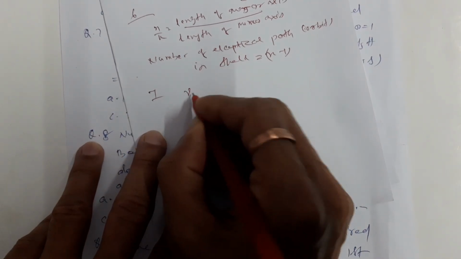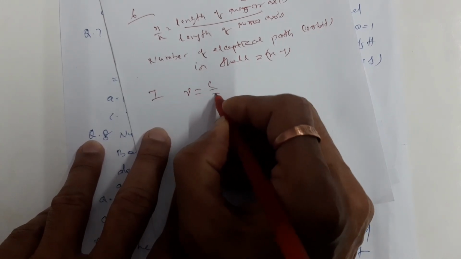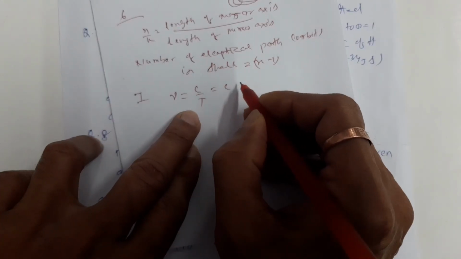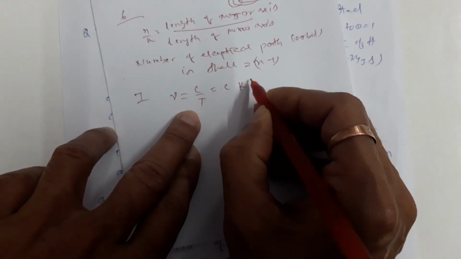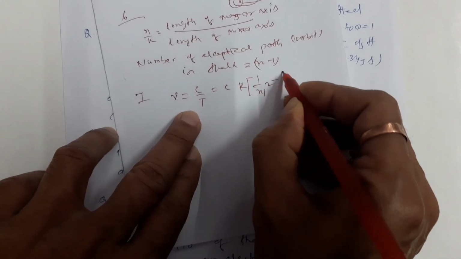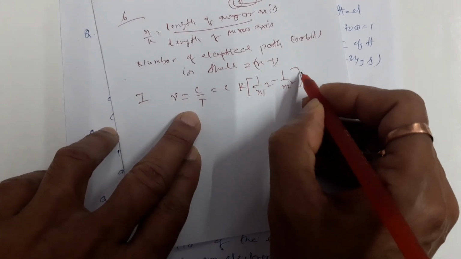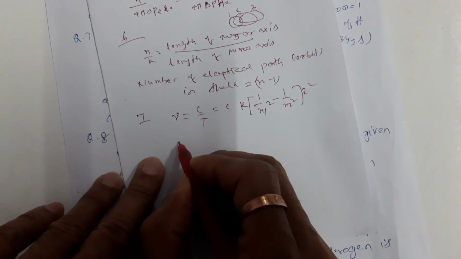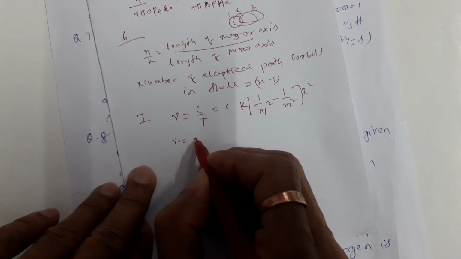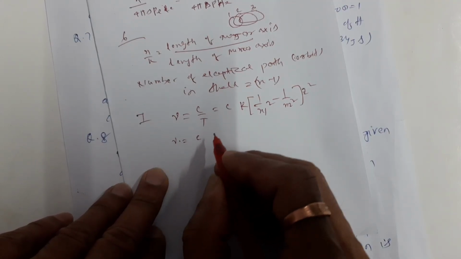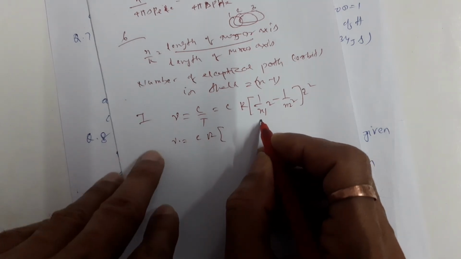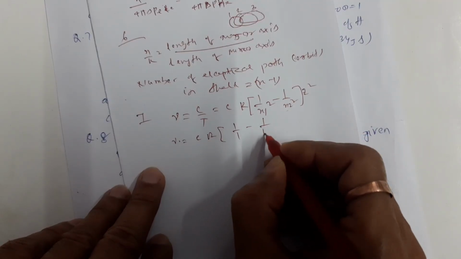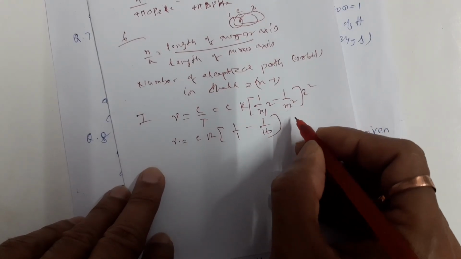You see, frequency is equal to c by lambda, velocity by wavelength. But 1 by lambda, we know, is related to the Rydberg constant and the relation 1 by n1 square minus 1 by n2 square, into atomic number square. So nu is equal to c R into 1 by 1 square minus 1 by 4 square, which is 1 by 16, and Z, the atomic number, is 1.